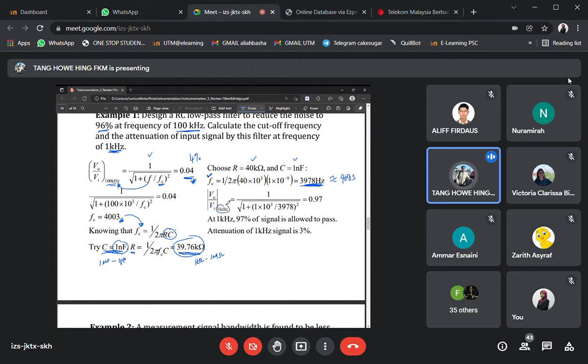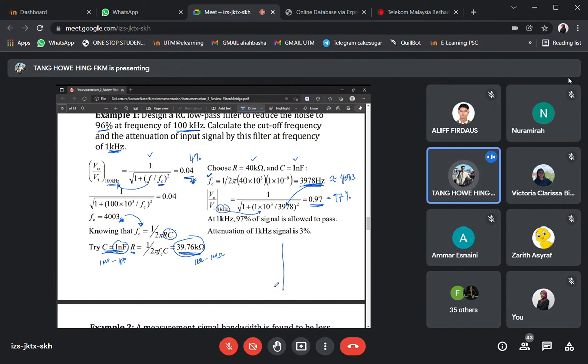Now we consider the output over input function for 1 kilohertz. The frequency is 1 kilohertz, divided by the cutoff frequency, squared. And now we found that this is equivalent to 0.97, which is 97%.